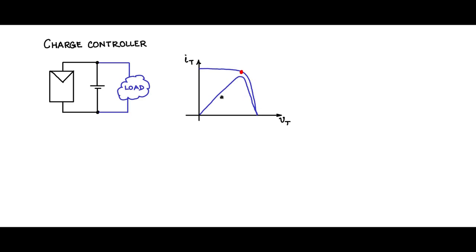Now let us say insolation has changed. Insolation has changed means there will be a change in the short circuit operating point, and let us say you have another curve. The VOC point varies logarithmically, so you will not see that much of a change as compared to the short circuit operating point.